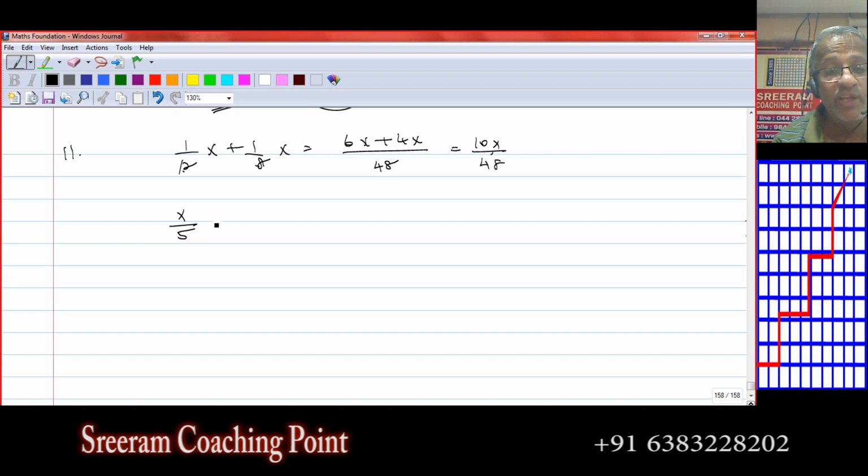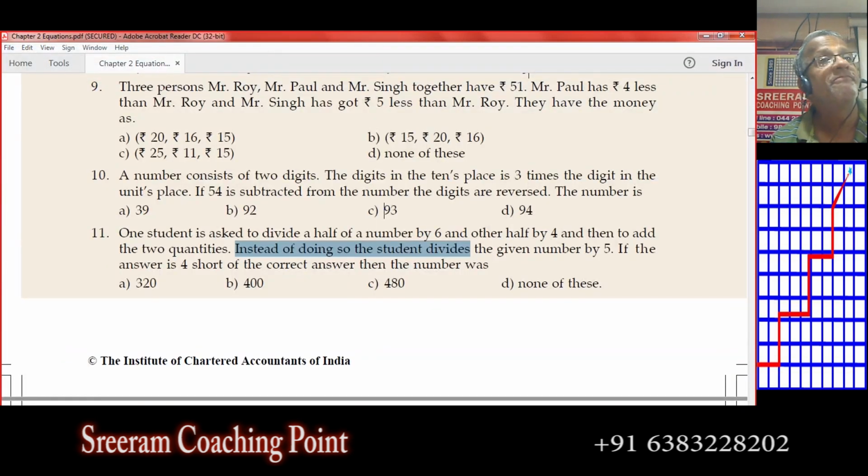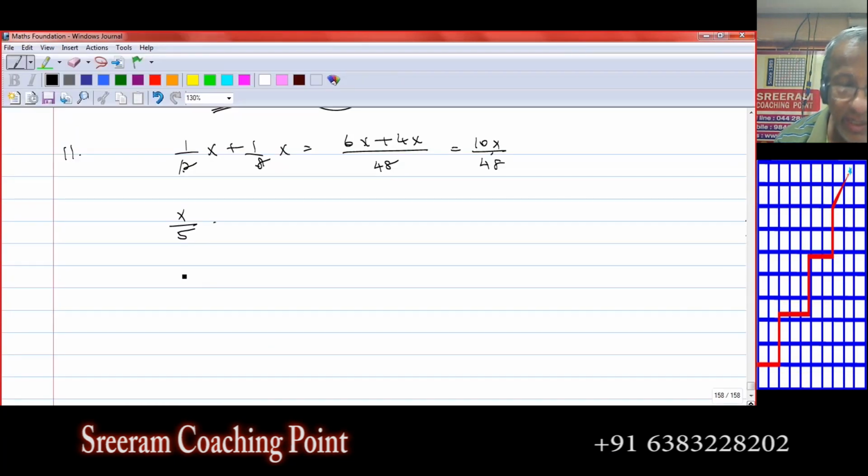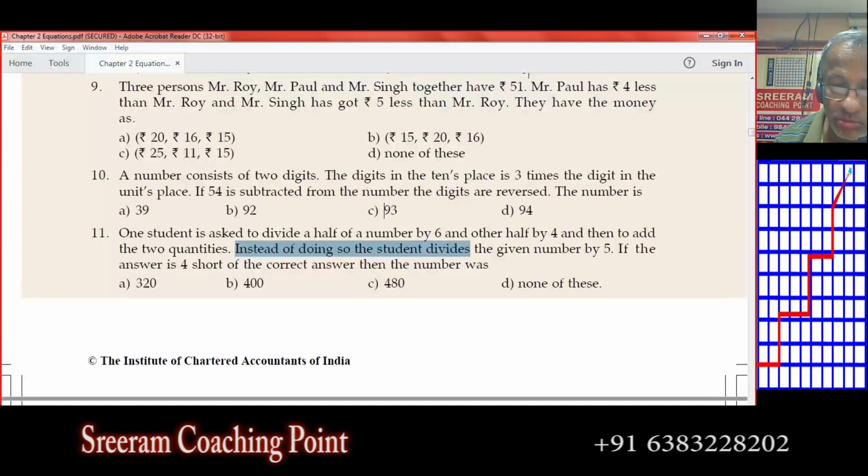Difference between the two is equal to 4. 10x by 48 minus x by 5 equal to 4. Short is what they have just given. So dividing it by 5 is running short by 4. That means the original number is greater by 4.